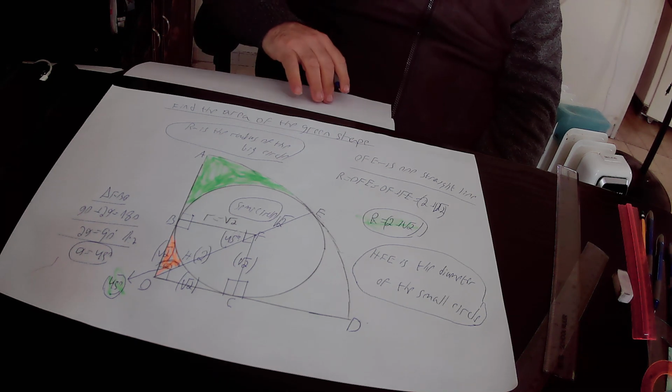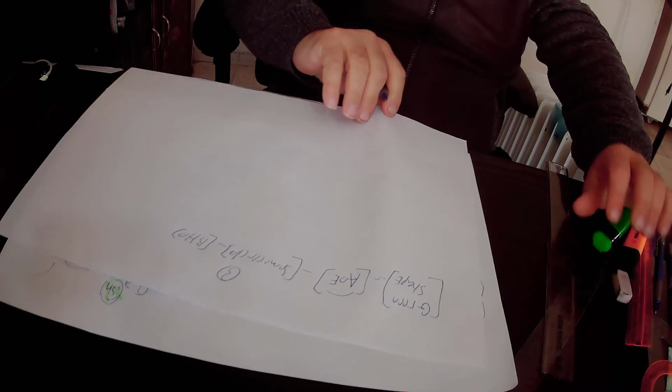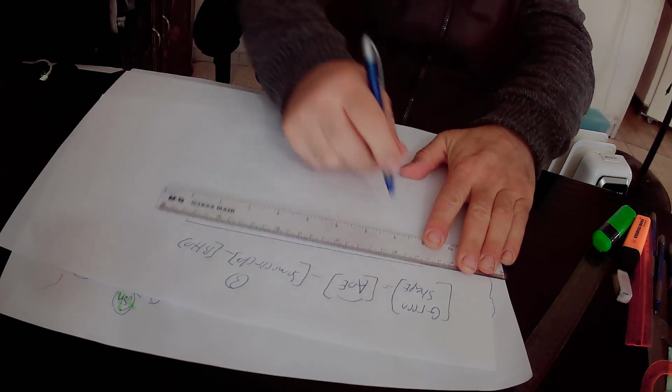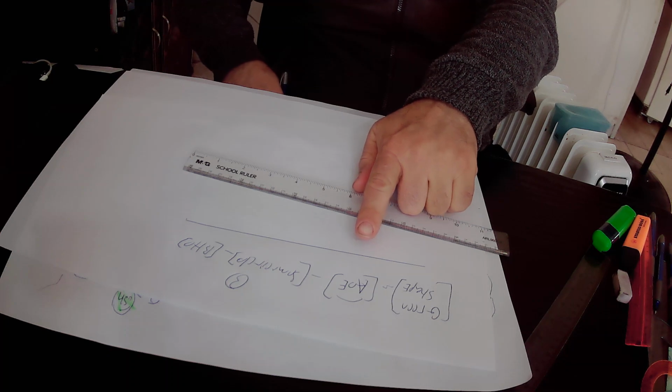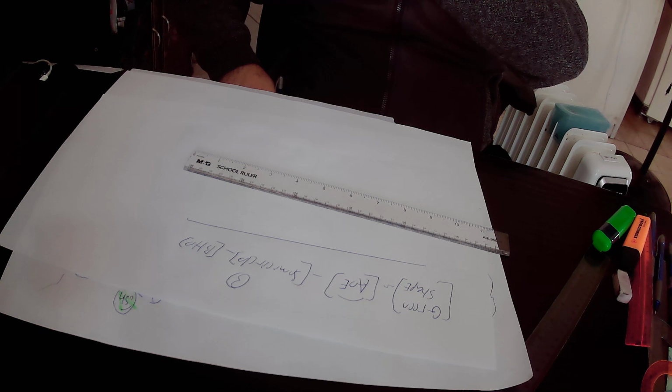We have already found the area of each shape. Repeat again, the area of the green shape equals the area of the big sector AOE minus the area of the small semicircle minus the area of the orange shape BHO.